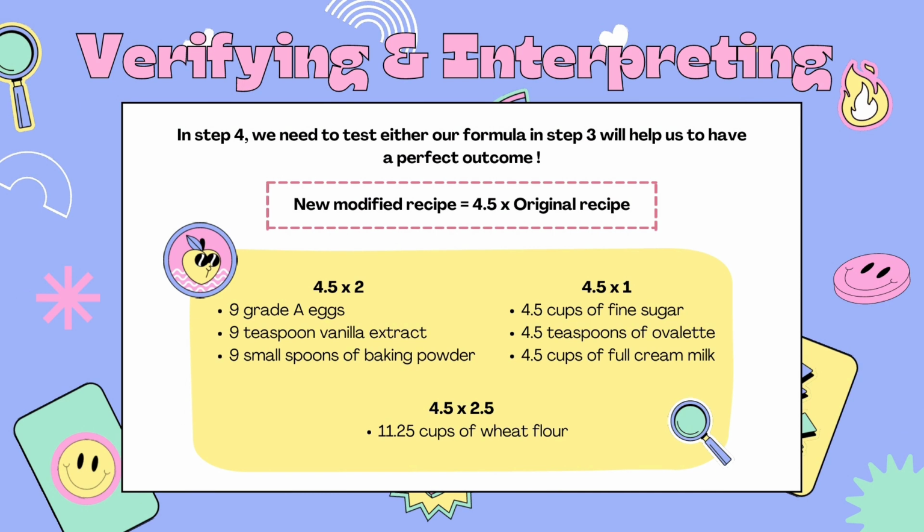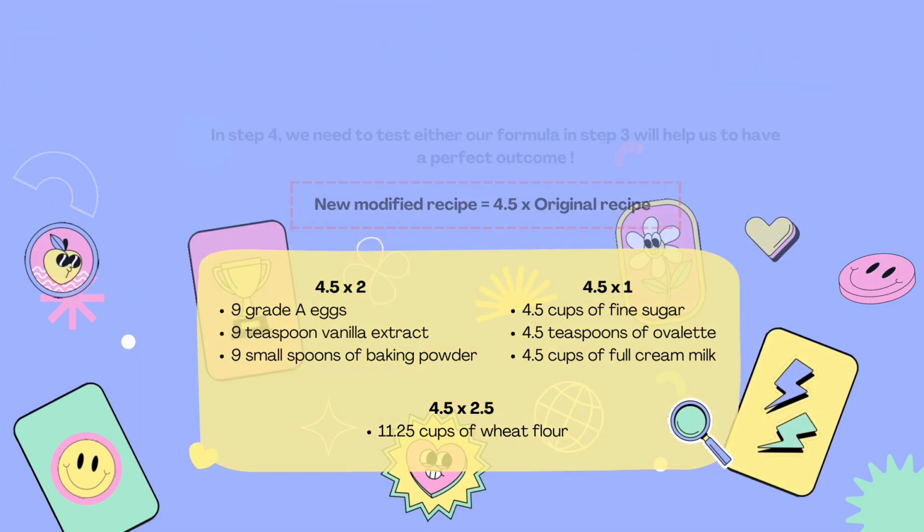Next, we need 4.5 cups of fine sugar, teaspoon of omelette and also full cream milk, as the original recipe only requires 1 each. Lastly, we need 11.25 cups of wheat flour, which is achieved from multiplying 4.5 with 2.5 from the original recipe.